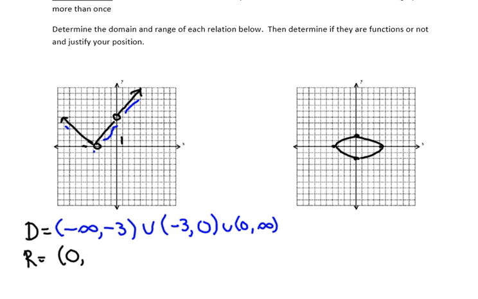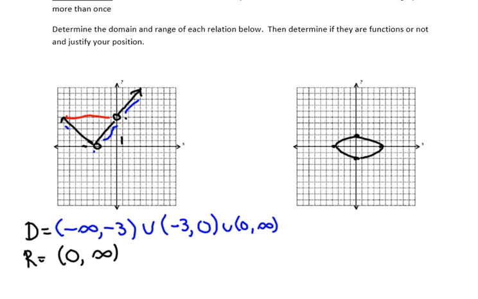Now, the other hole here tells me I should have a hole at 5. But if I go straight across, notice, eventually that arrow will touch the range value of 5. So that kind of closes that open circle here. And because the arrow is continuously going up, it's going to go to infinity.